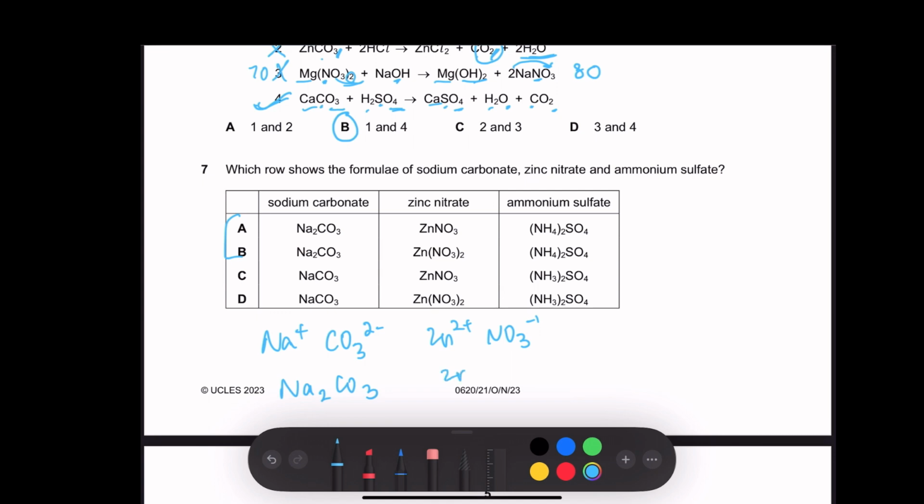So we have Zn(NO3)2. So till now we have B, and then let's also check for ammonium sulfate. Ammonium has a charge of this and sulfate has a charge of this. So it becomes this when we crisscross the charge. So it's B. 7 is B.